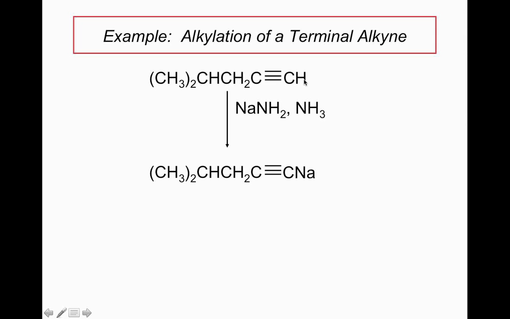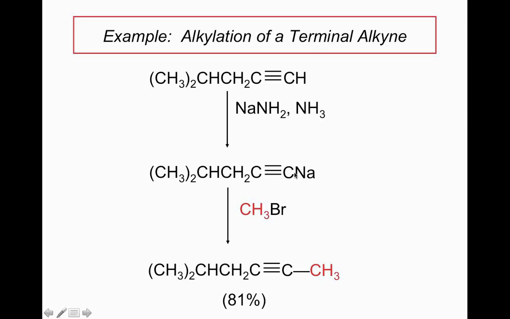There's our acidic proton at the end of the alkyne. We treat this alkyne with a very strong base such as sodium amide in ammonia as a solvent to create the carbanion. From here, we can add any primary alkyl halide, in this case methyl bromide, to alkylate the carbanion to produce an internal alkyne. Notice that this alkyne functional group is internal with carbons coming off both ends of the alkyne carbons.